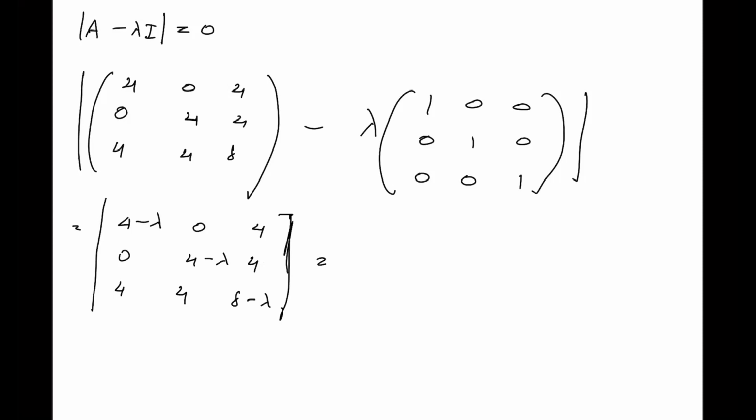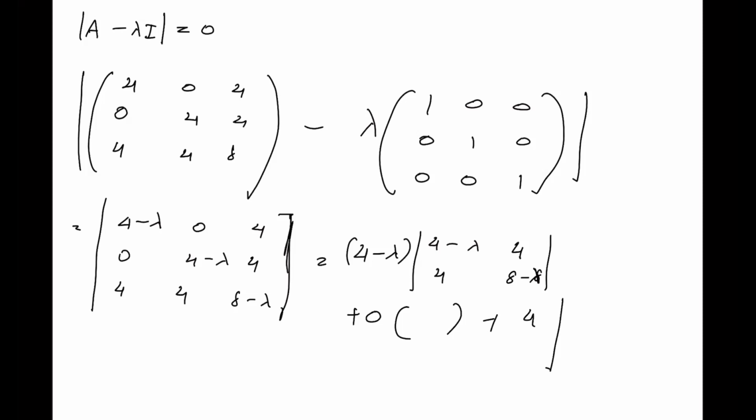So this is the determinant: 4 minus lambda times the determinant of 4 minus lambda, 4, 4, 8 minus lambda, plus 0 times, you don't have to worry about what comes here, and 4 times the determinant of 0, 4 minus lambda, 4, 4.